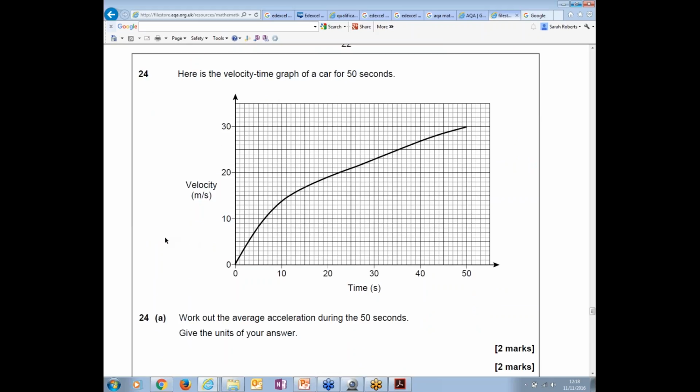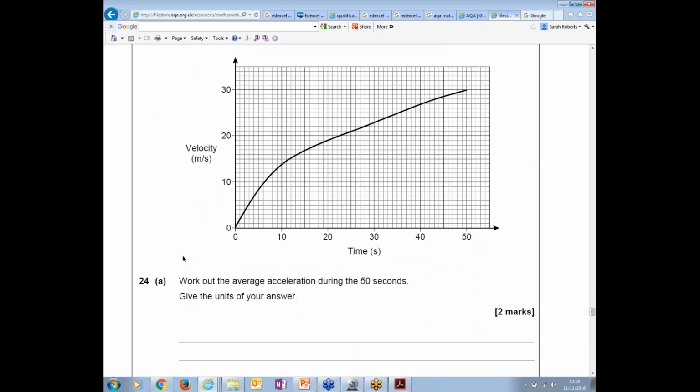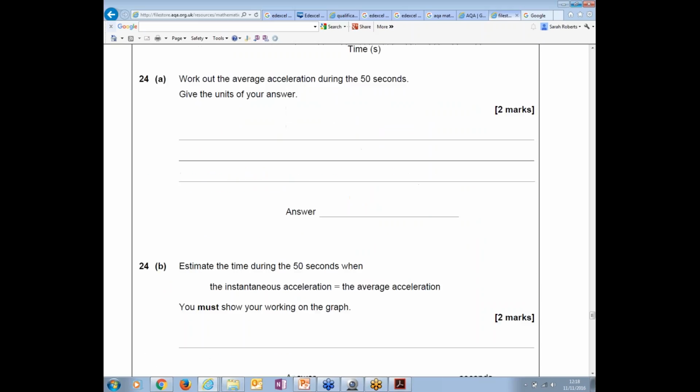Here's a velocity time graph. So here we go. We've got a change in velocity. Work out the average acceleration during that. So we're going to need our final velocity minus our first one over the time.